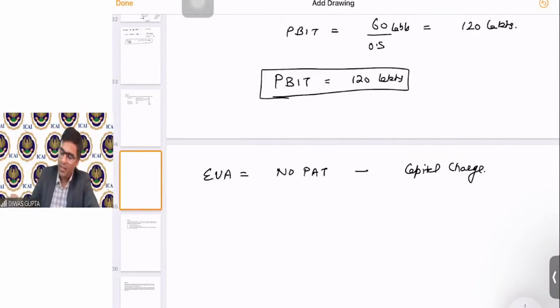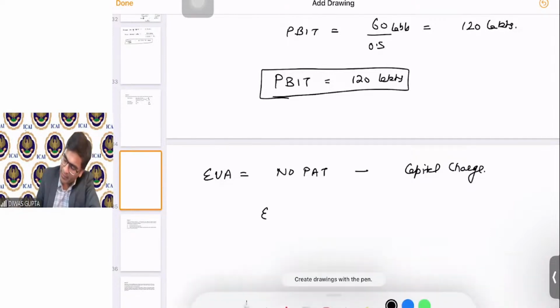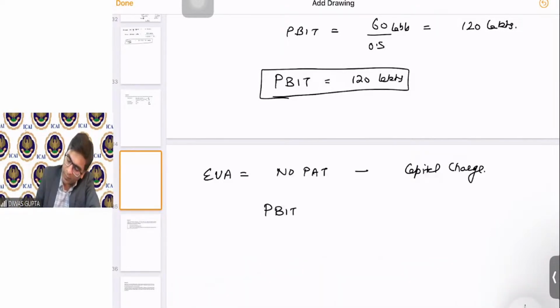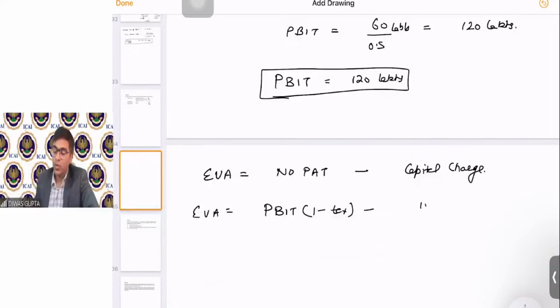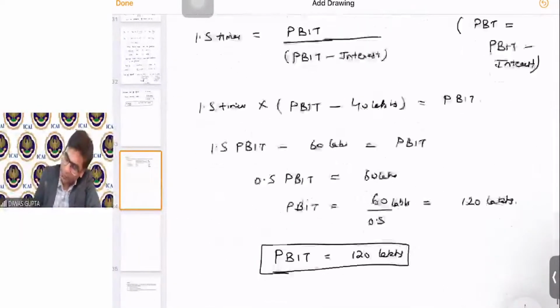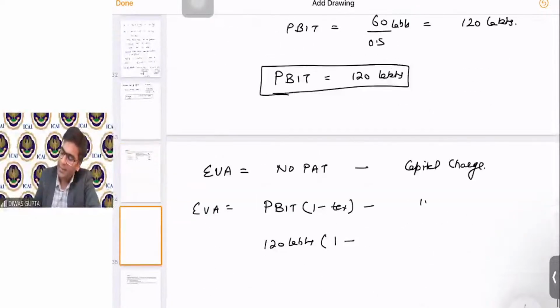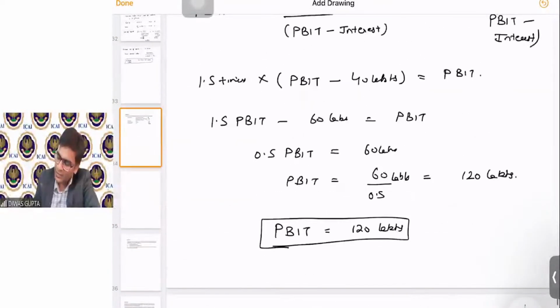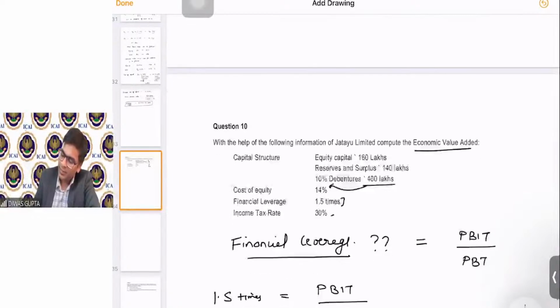Now, this was given as, we can say PBIT, because we are using the word PBIT here, into 1 minus tax, minus capital charge. So in current context, what is the PBIT? 120 lakhs. What is the tax rate? I think 30%. Yes. 0.30 minus capital charge. For capital charge, we need WACC, right?